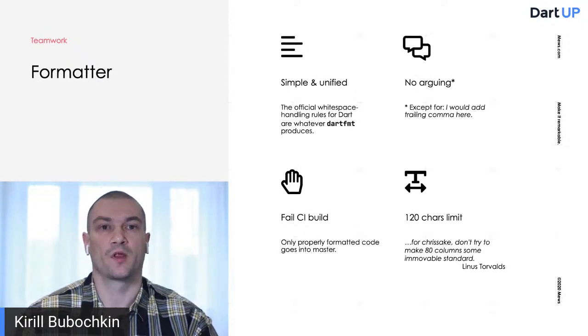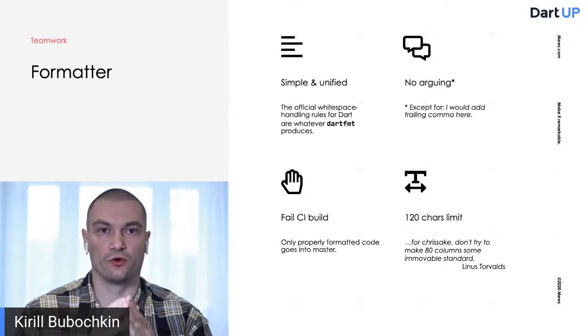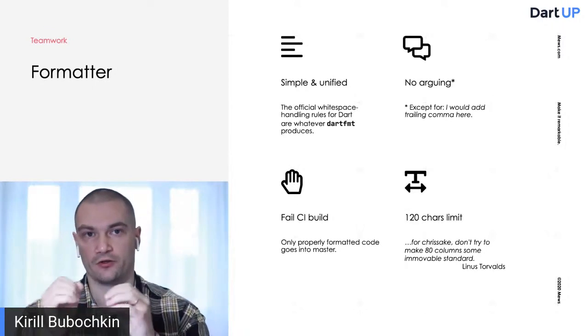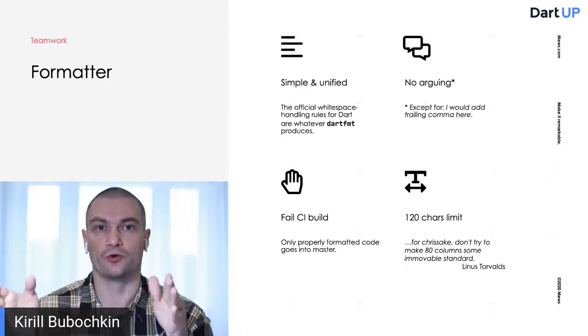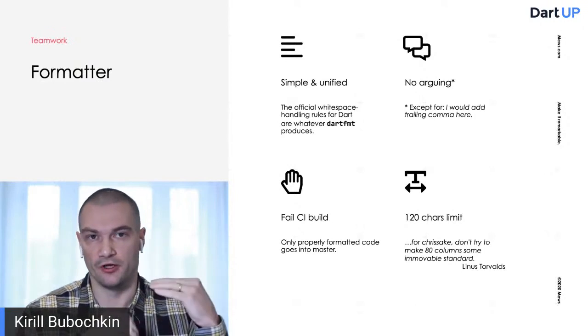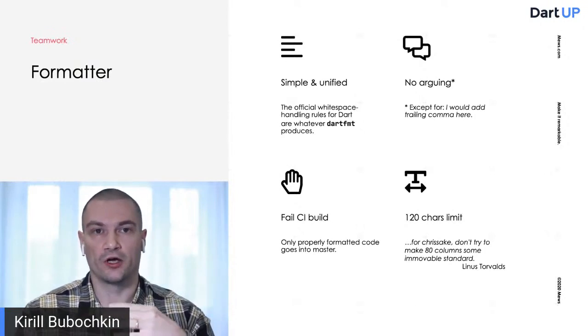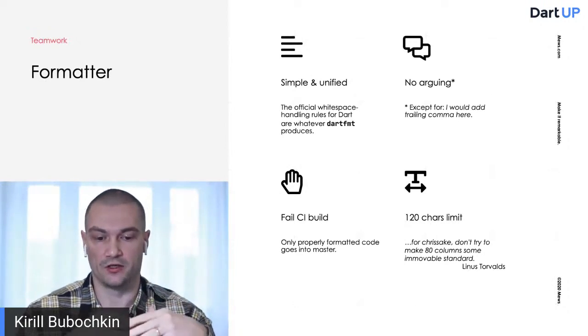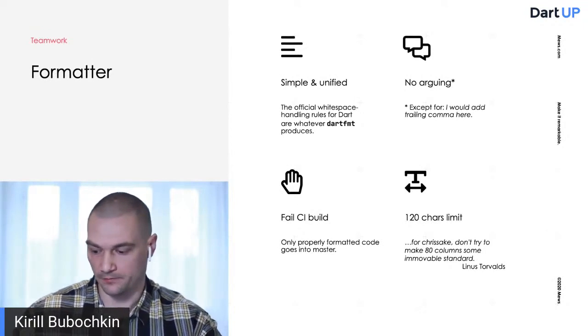And while you cannot set up the lint rule, in terms that you can either turn on the lint rule and it will force you to use your 80 characters limit, or you can turn it off at all. But at least you can override the Dart FMT input parameter and pass it. So in our case, we are passing a 120 characters limit there.